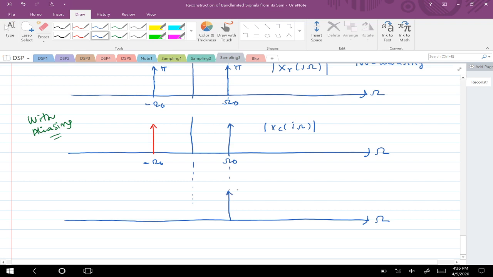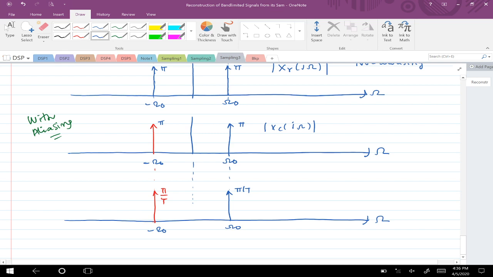And this here is pi, this is also pi. You get that with pi by T, and this you would get with magnitude of pi by T again, right? And omega naught will remain the same.